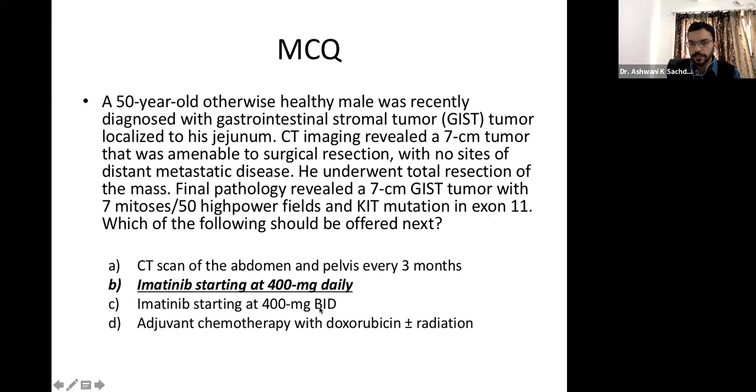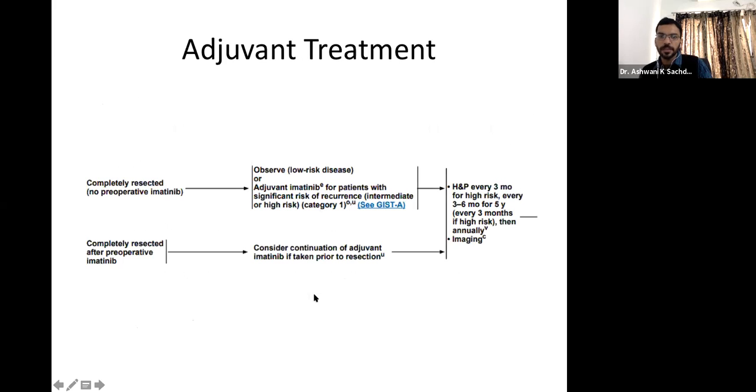We'll discuss later those patients who have progressed on imatinib therapy. One option then is starting imatinib at 400 milligram BD dose. If we are starting imatinib for the first time, it is to be started at 400 milligram OD.